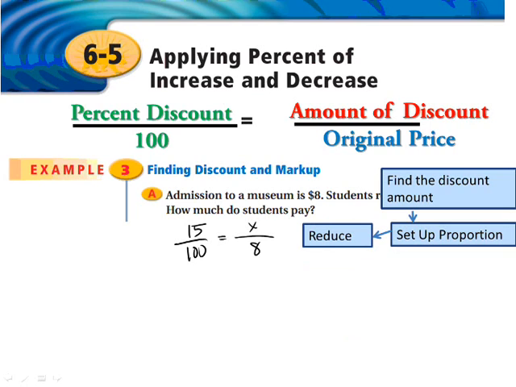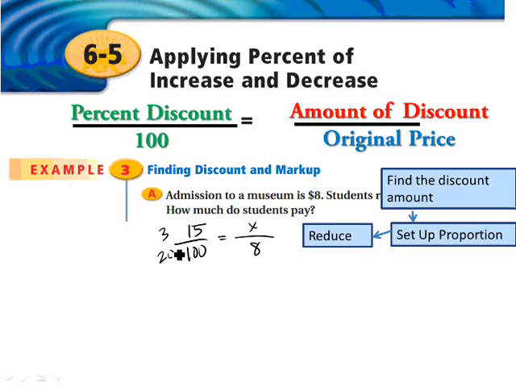We are using the same flow map as in the previous examples, the next step in which is to reduce. However, when my unknown is here, and I'm going to multiply it by 100, later on I'm going to be dividing by 100. Dividing by 100 is very easy. If I were to reduce this problem to 3/20ths, I then have to divide by 20.